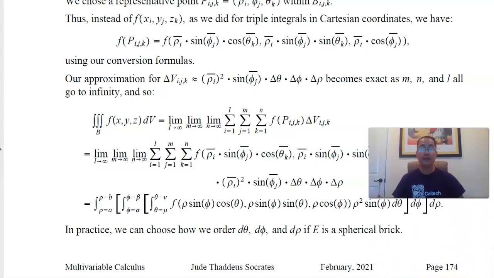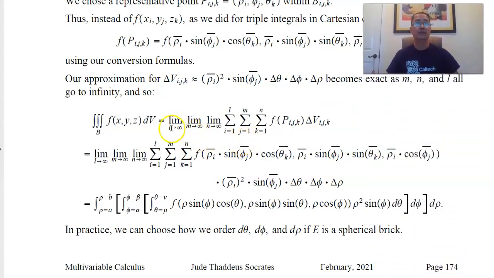So let me scoot out of the way here. We have this triple limit of a triple sum of our function times our delta V. You plug all our conversion formulas into your function, multiplied by our delta V. So after the dust clears, it becomes a triple iterated integral.